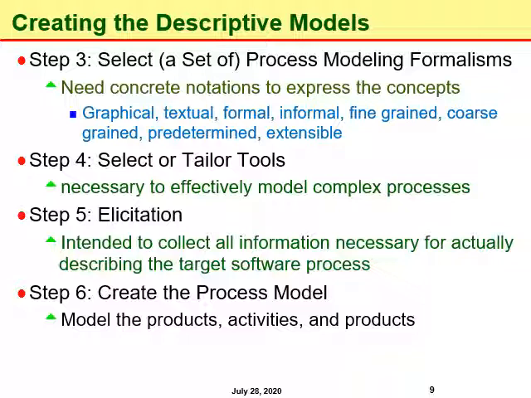The elicitation step is intended to collect information necessary for actually describing the target software process. Mainly, the necessary information might be related to the process entities and the relationship between those entities. Then the sixth step is create the process model. The information collected during the elicitation step can now be used to create a model using the chosen modeling notation.